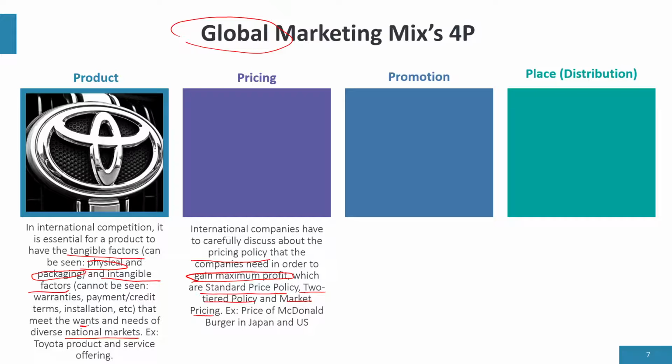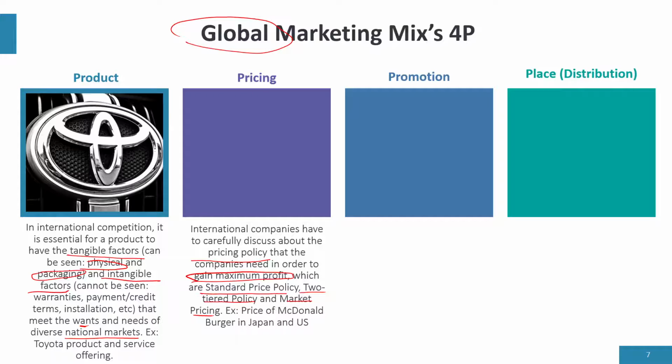The home country usually has its own price, and then the other countries, apart from the home country, have their own price. So it's like they have the home price, and then they have the international price wherever the product is being sold in other countries.